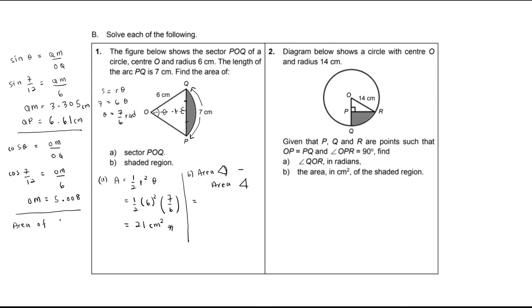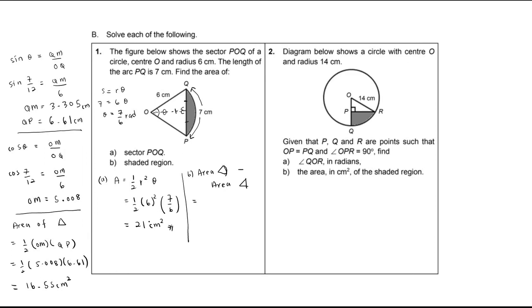Now that we know the length of QP and OM, we can find the area of the triangle. The formula is 1 over 2 multiplied by the height OM and the base QP. So the height is 5.008 and the base QP is 6.61. From there we get the area of the triangle is 16.55 cm squared.